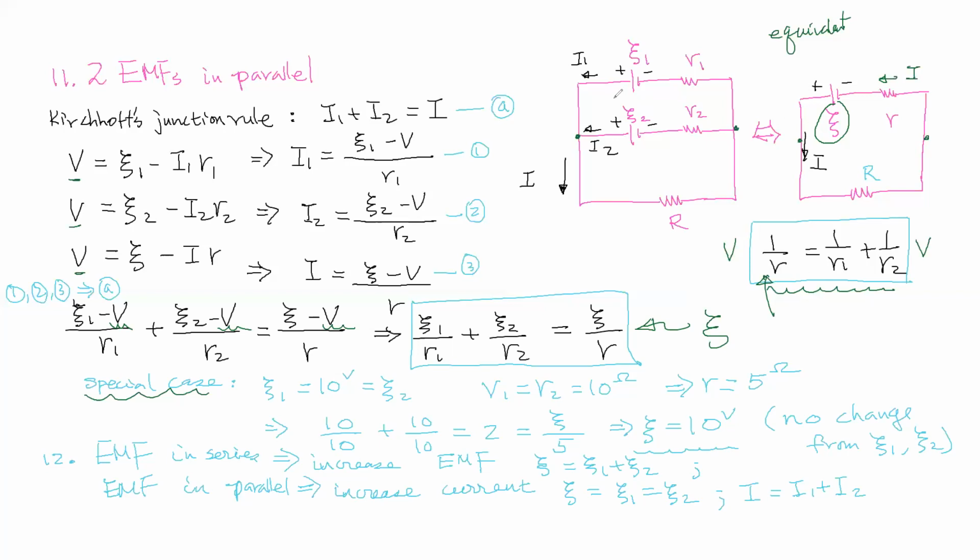Of course, it will be a little different, but in general that trend is correct: adding two EMFs in parallel does not change epsilon. EMFs in parallel only increase the current. Originally you have I1, and here you have I2. In the end you will get I, which is I1 plus I2, so you increase the current by adding I1 and I2 together. In this case, when they are in series, right?